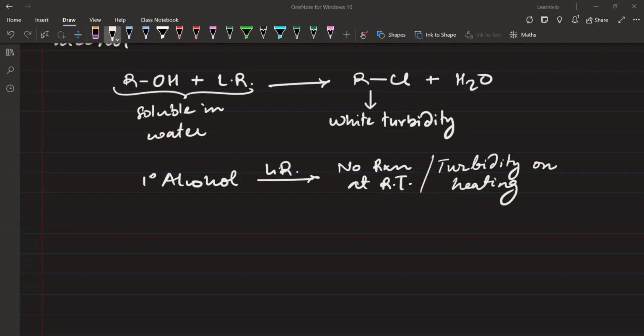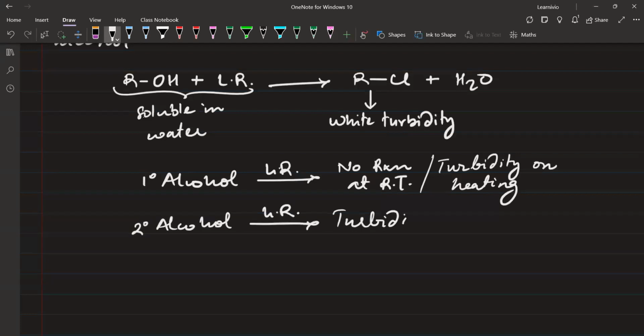Similarly, in the second case, that is 2 degree alcohol, if I am going to use Lucas reagent, then I will be getting turbidity after some time. After some time is approximately 5 to 10 minutes.